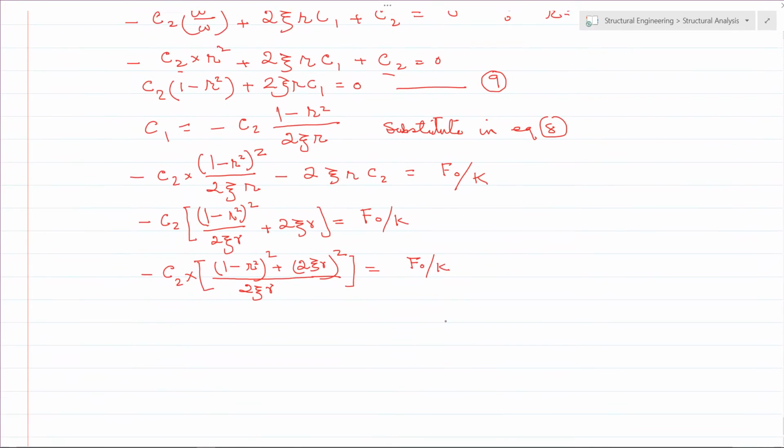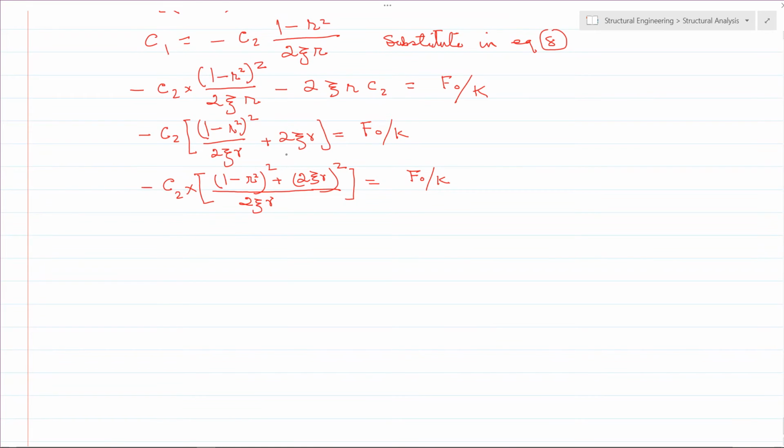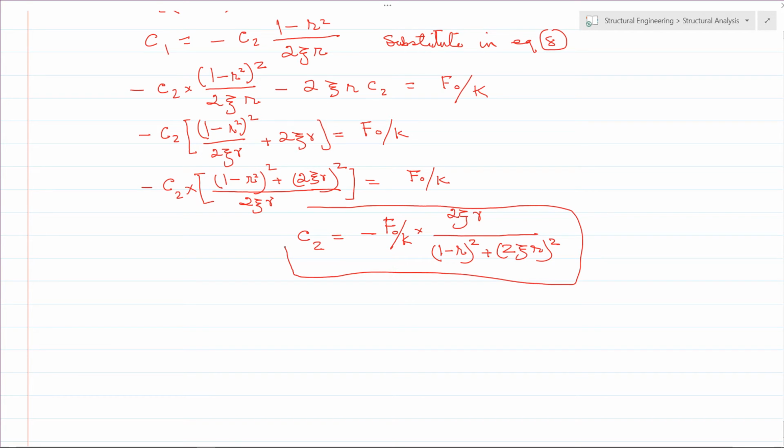So we can further reduce it. So we can write that F naught over k, of course with a negative sign, multiplied by 2 xi c r over 1 minus r whole square plus 2 times xi c r whole square, this is equal to C2.